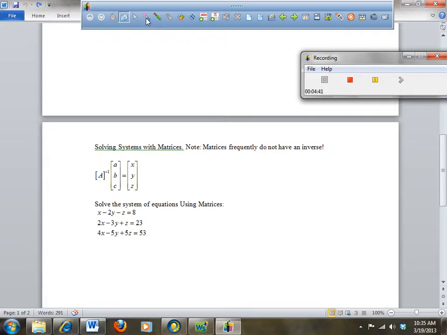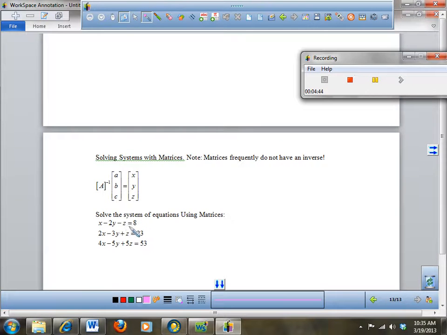Say you have this system of equations right here.